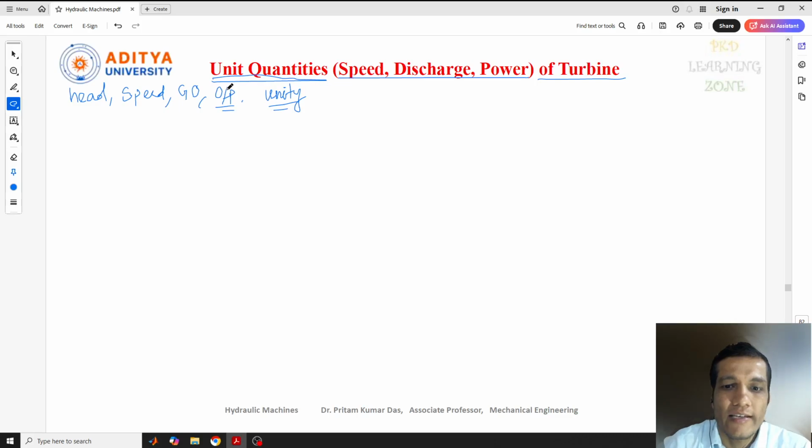So engineers can easily compare and analyze the performance of turbines of different sizes and even different operating heads, which helps an engineer identify the best turbine for different heads and different applications.